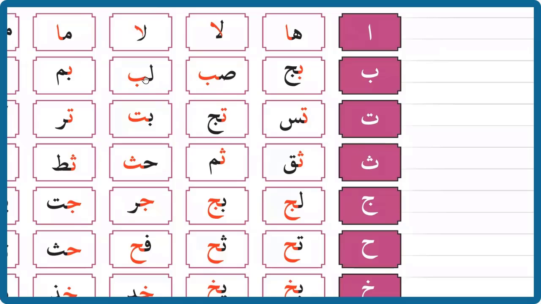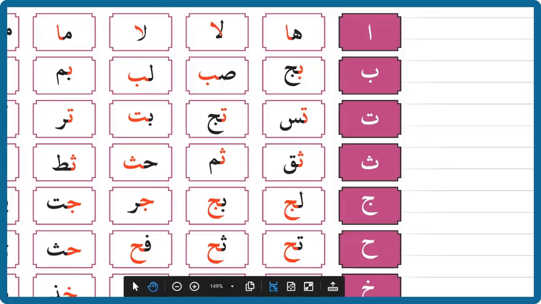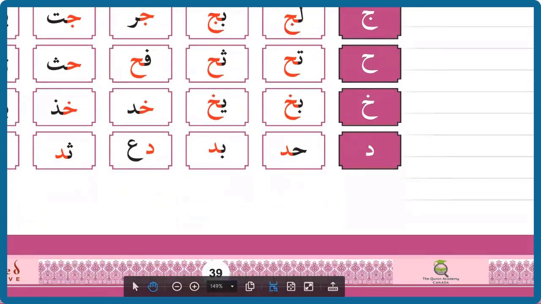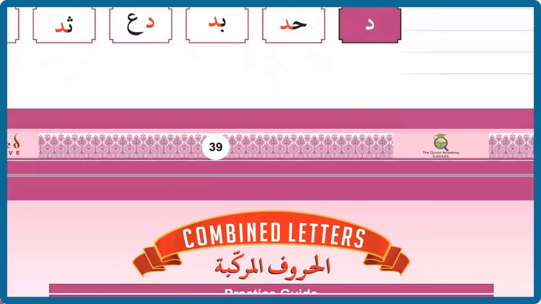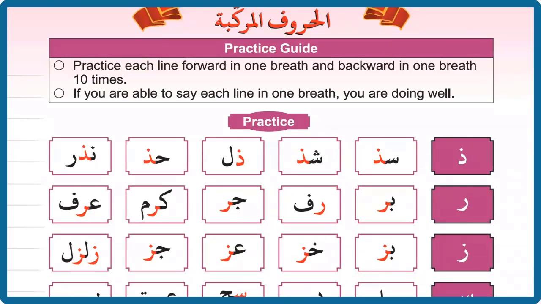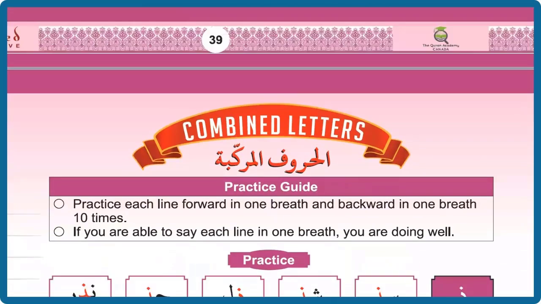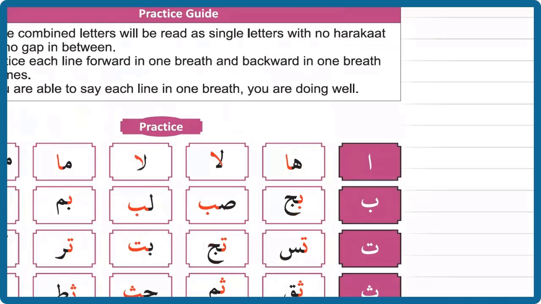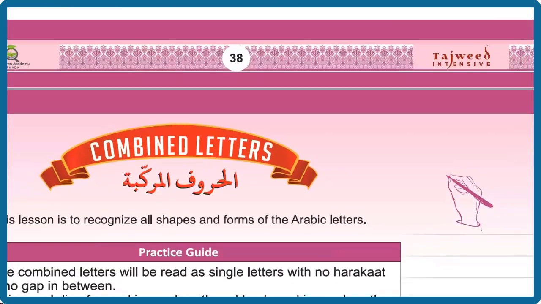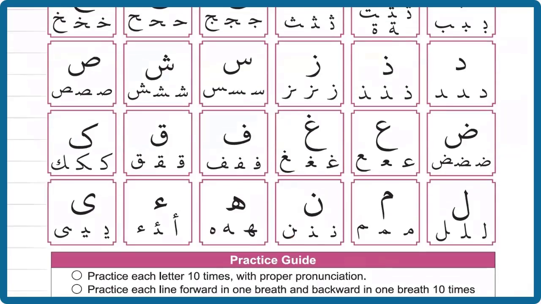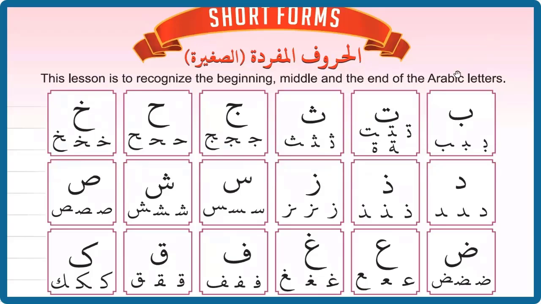This is also the final form. This is the initial form. And sometimes it comes in between two letters. So let me, sorry, I will show you later, right? Whenever it comes in between. Inshallah, by practicing and learning more and more, you will get the idea of how it will connect, right?